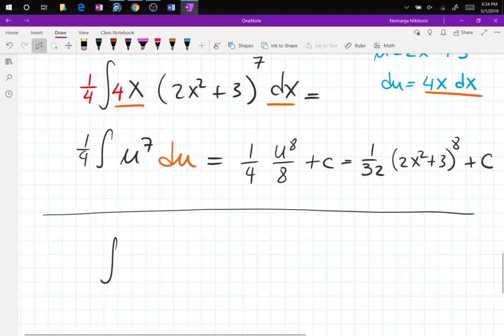Integral of... this is spice level 5, out of 4. x plus 3 raised to the 5/2.